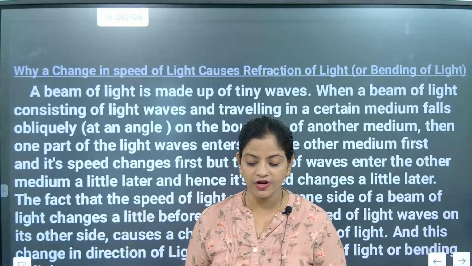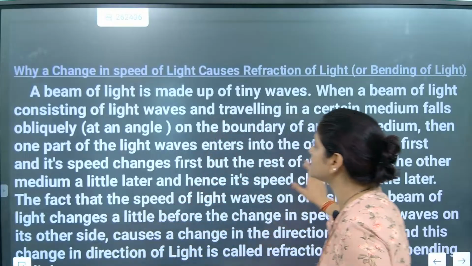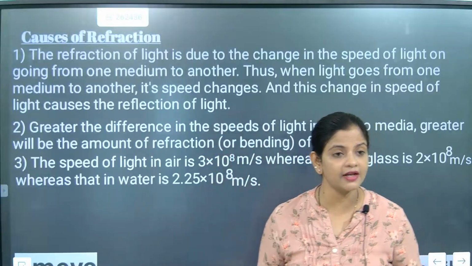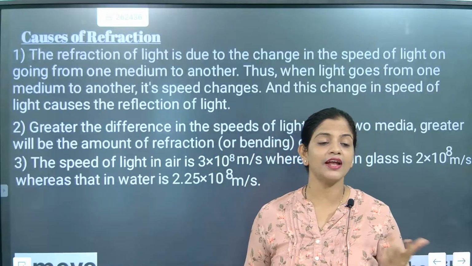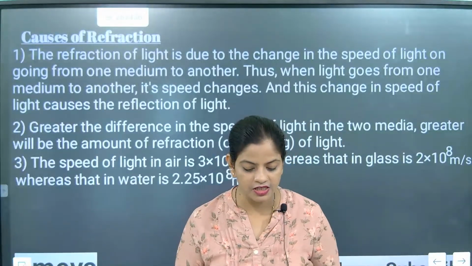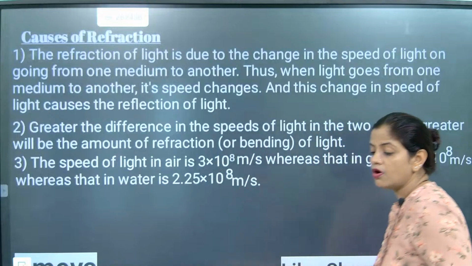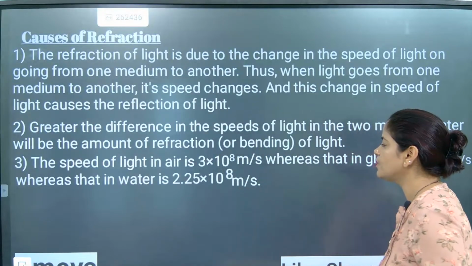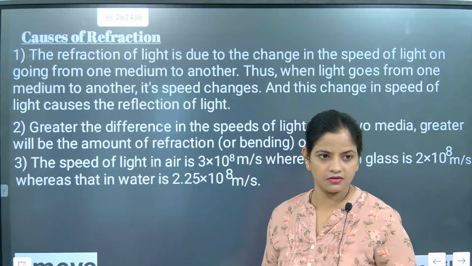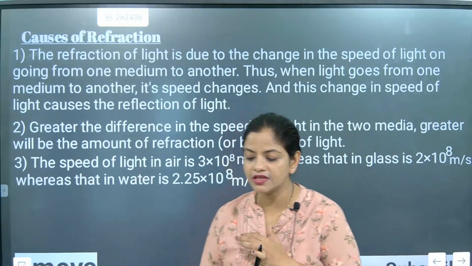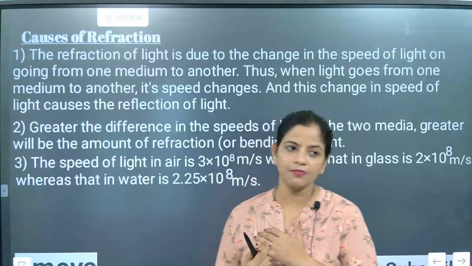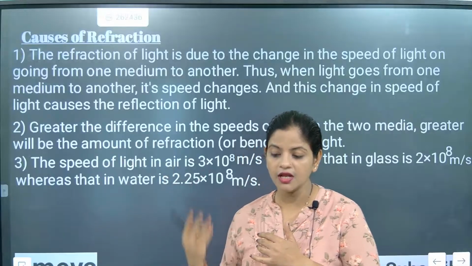The second important point: the speed of light in different mediums is different, because the gaseous molecules, the water molecules and the glass molecules change the speed. So where is the speed very less? In glass. I'm just comparing three things here: glass, water and air.